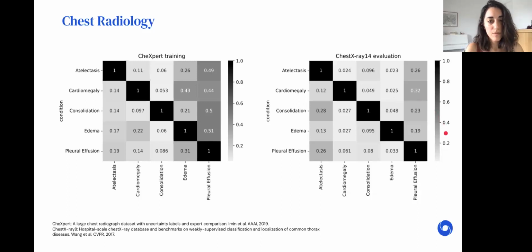And moreover, we also have differences in the demographic attributes that we're not showing here, where the evaluation set is more skewed with respect to sex, for example, than the original training set.